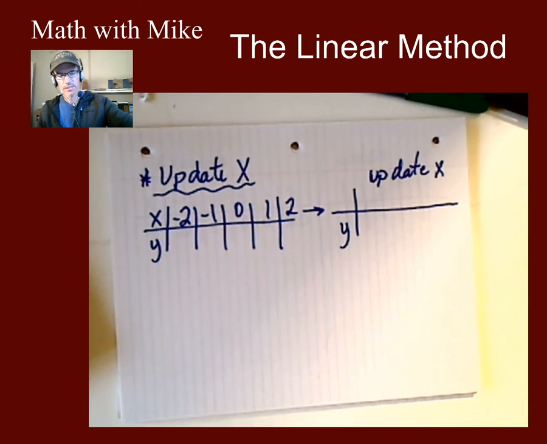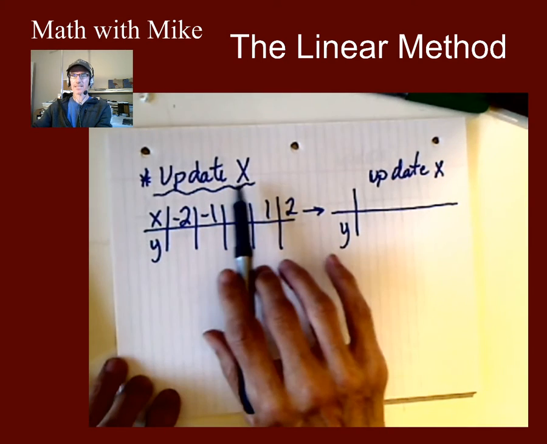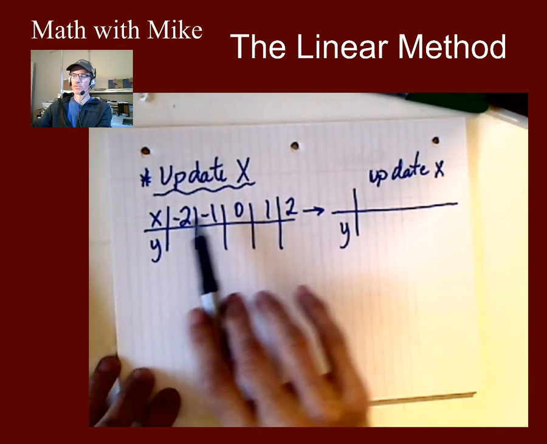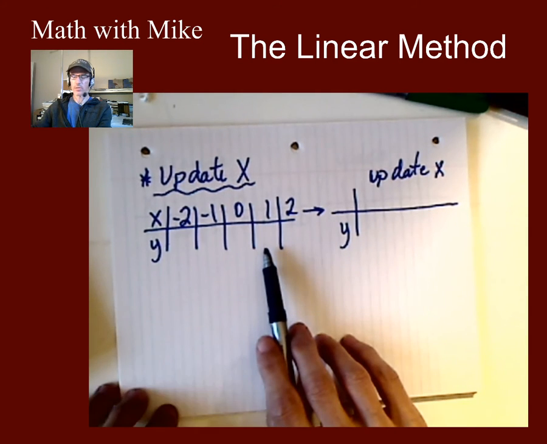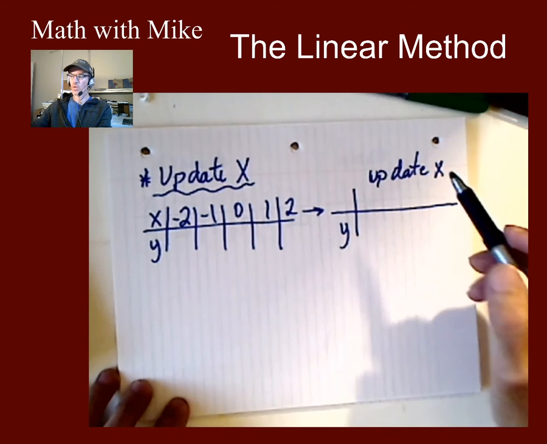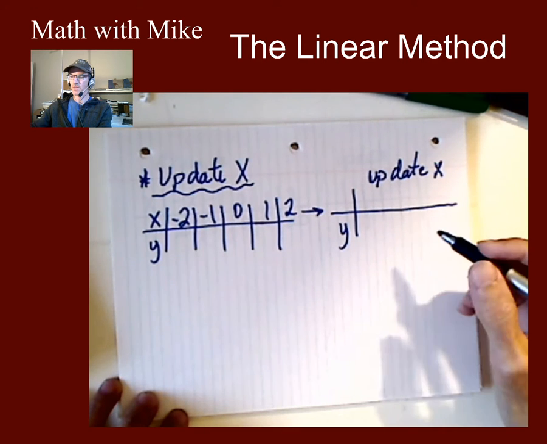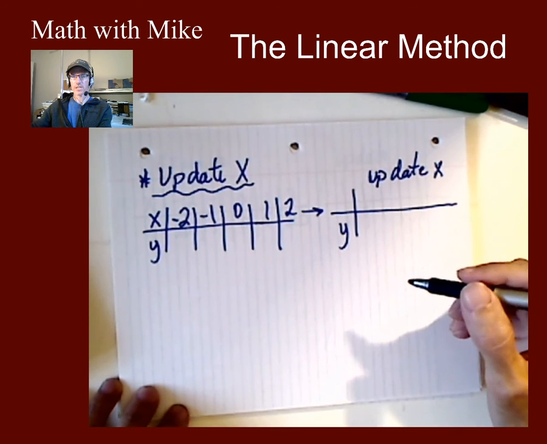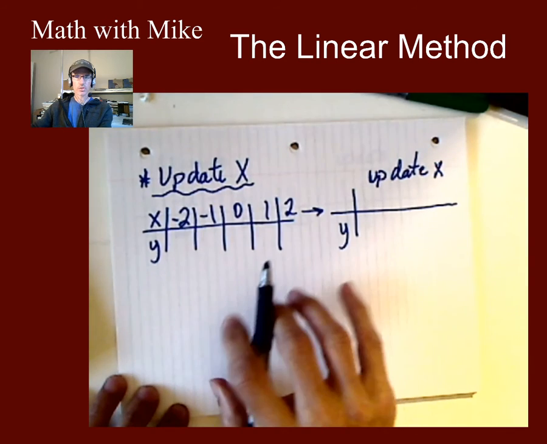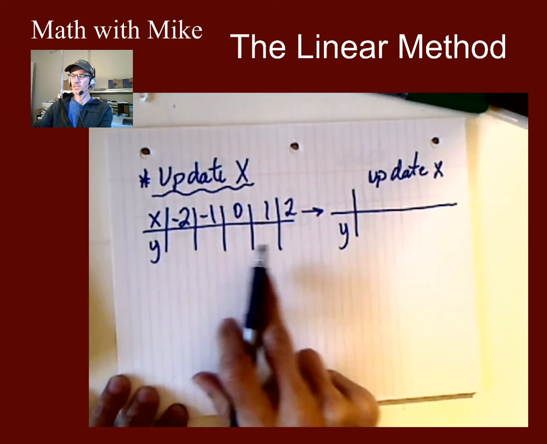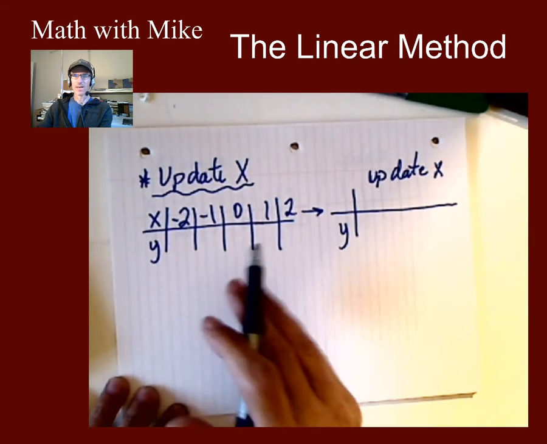Now, during the process, we're going to have to do a step that involves updating x, which actually means changing it from the original value in the experiment to one of the parent functions that we were just looking at. So I'm going to pretend, this is a shortened version of part of a solution, that we have these x values and then some y values that go along with it.